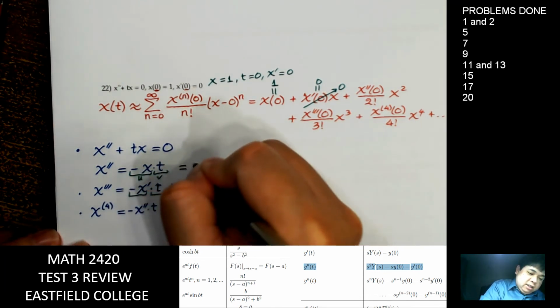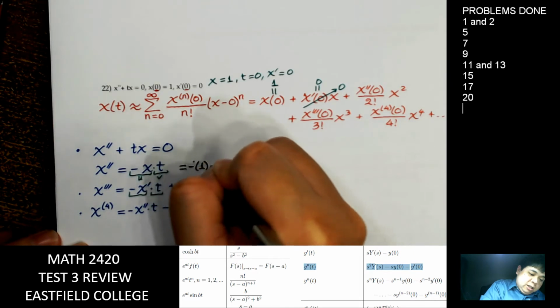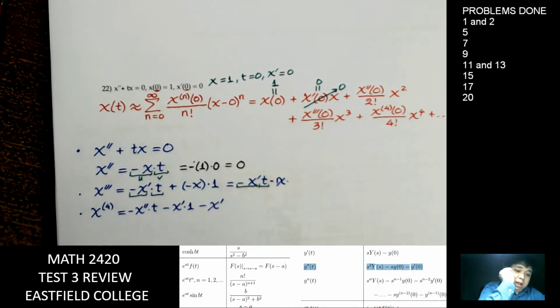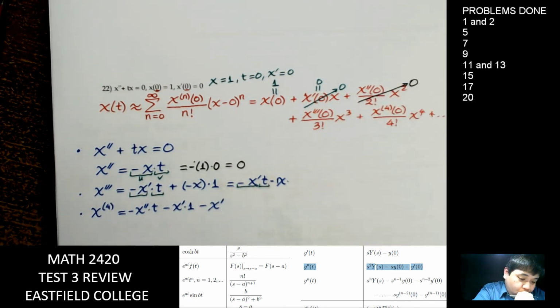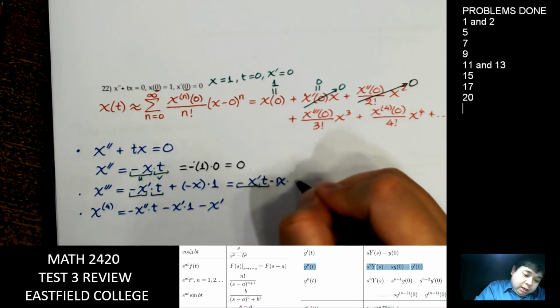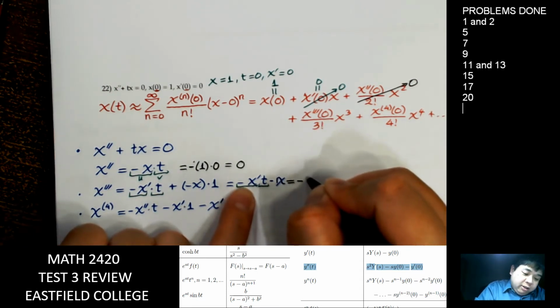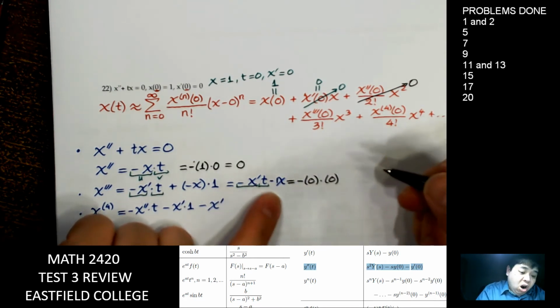Negative x will be negative 1, t is 0, so that's still 0, so that doesn't help. This might be better. Negative derivative 0, t 0, so that one is gone as well.